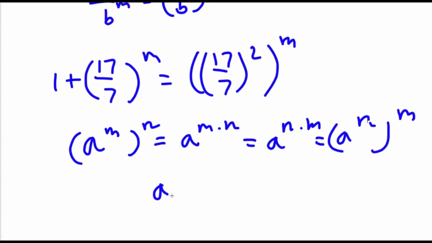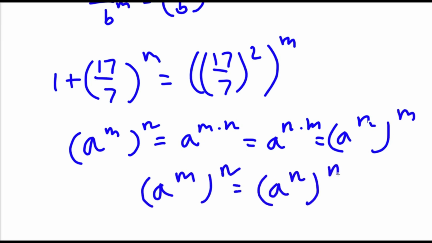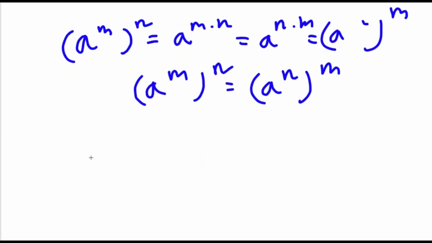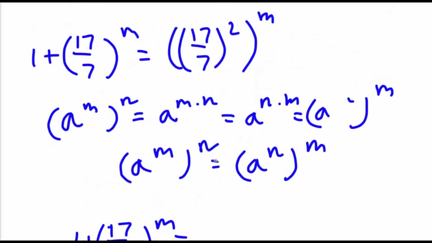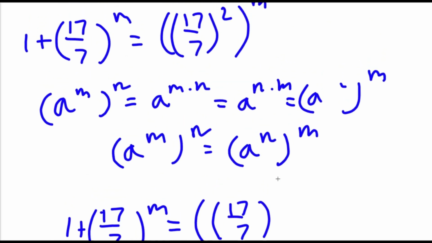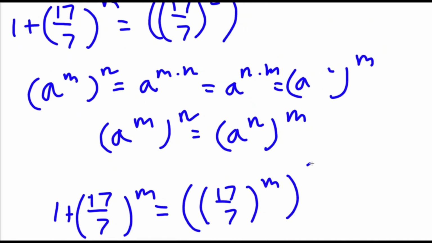So this means that (a to the power of m) to the power of n is equal to (a to the power of n) to the power of m. So in this case, I have ((17 over 7) to the power of 2) to the power of m, and I could rewrite that as ((17 over 7) to the power of m) squared.